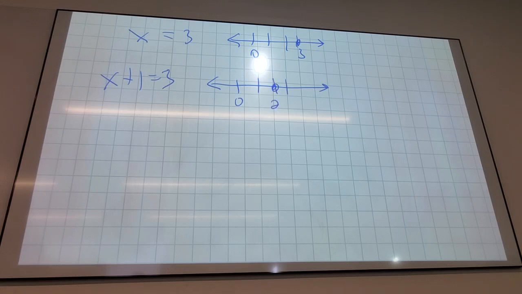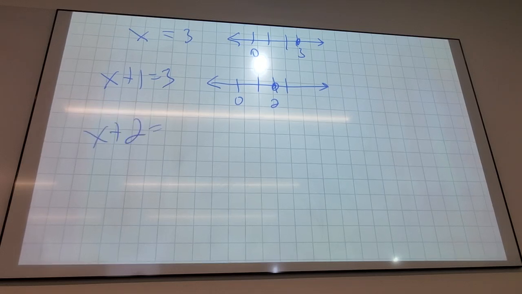It's insane, right? And then, get ready, kids: x plus 2 equals 3. Now, I know, this is groundbreaking. Here's what's really going on.